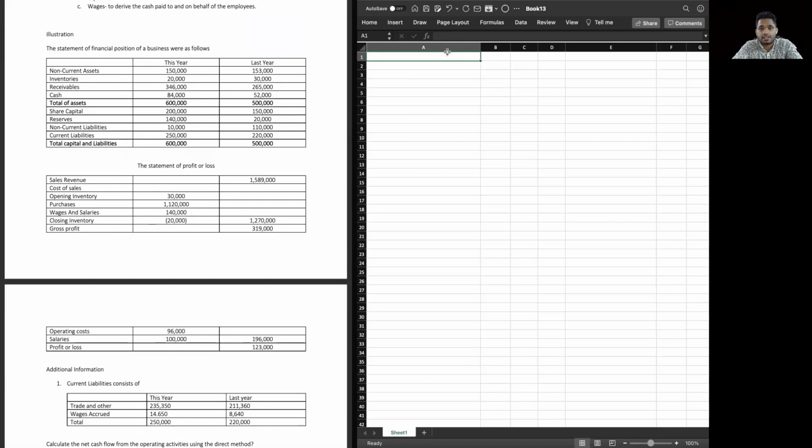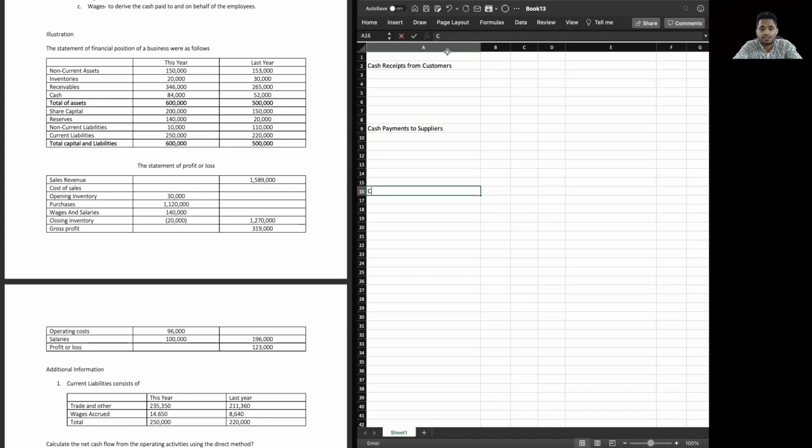Now, the first line that you have is the cash receipts from customers. And then you will look into the cash payments to suppliers.